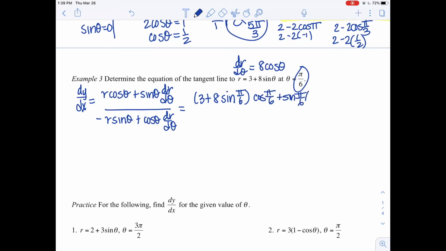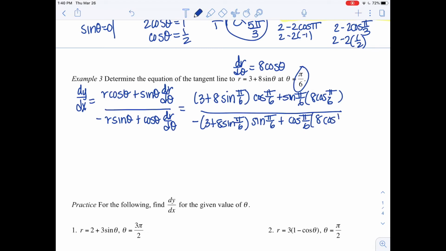Then I'm multiplying that by the cosine of pi over 6. I'm adding the sine of pi over 6. And I'm multiplying this by 8 cosine of pi over 6. Okay, in the denominator, I have negative 3 plus 8 sine of pi over 6 times the sine of pi over 6 plus cosine of pi over 6, and then 8 cosine of pi over 6.